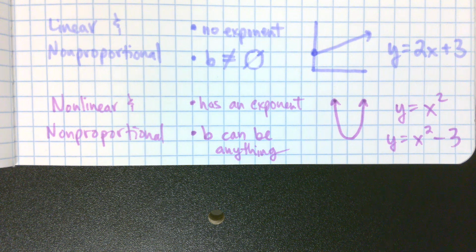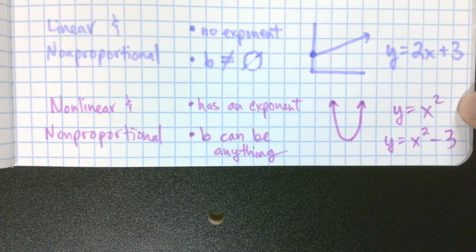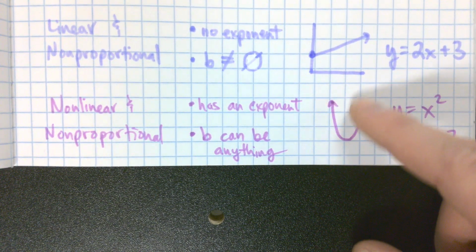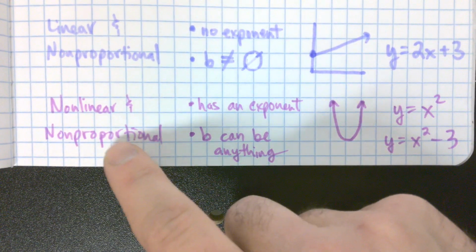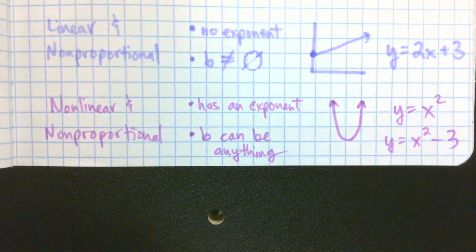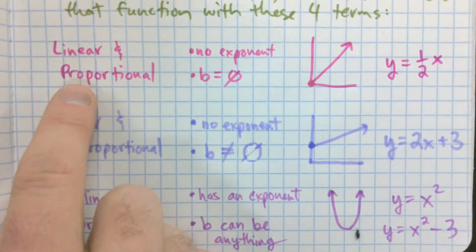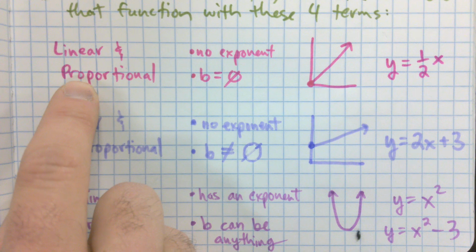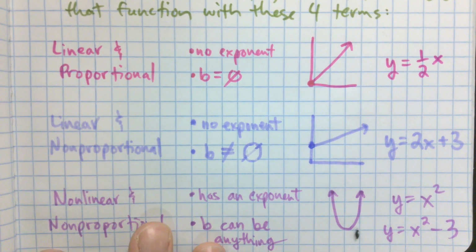So this is what I mean by B can be anything. B can be a number, like 1, 2, or negative 3. But B can also be 0, like in this first equation. Even if my B is 0, this parabola goes through the origin. It is still non-proportional, because for a line to be proportional, it has to be linear.